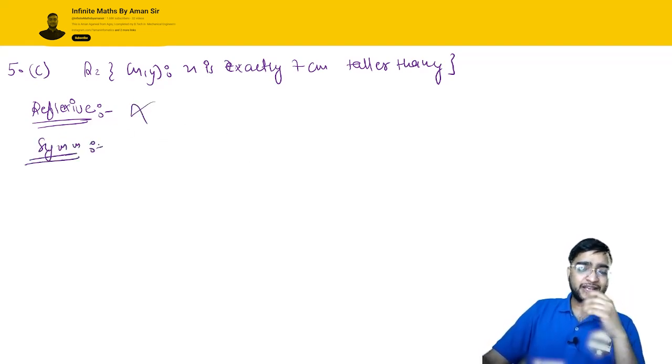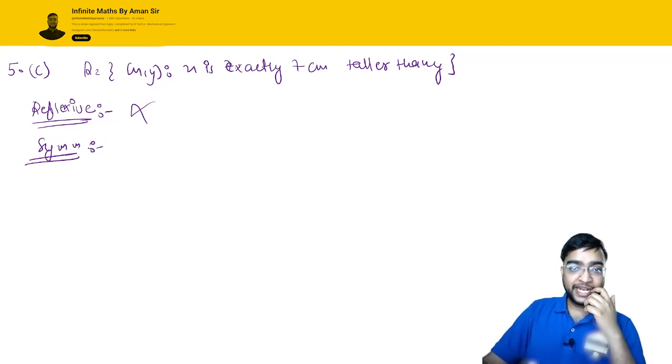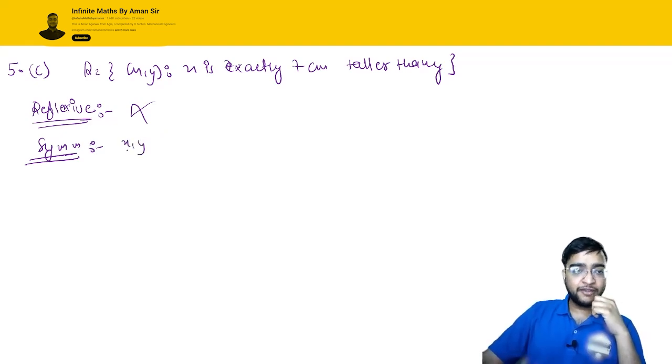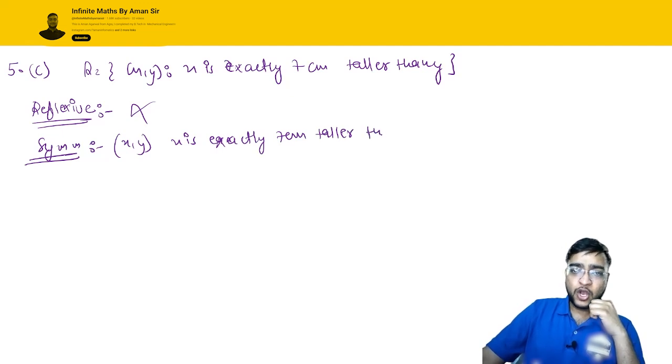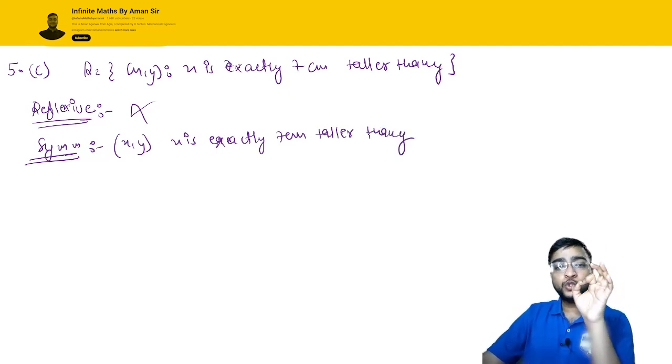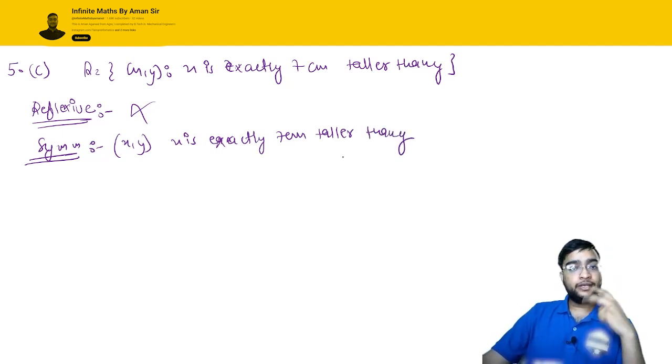Okay, can I say the symmetric one? Let's say for x and y, x is exactly 7 centimeter taller than y here. Let's just think and take 2 to 3 seconds here. Okay, time over.